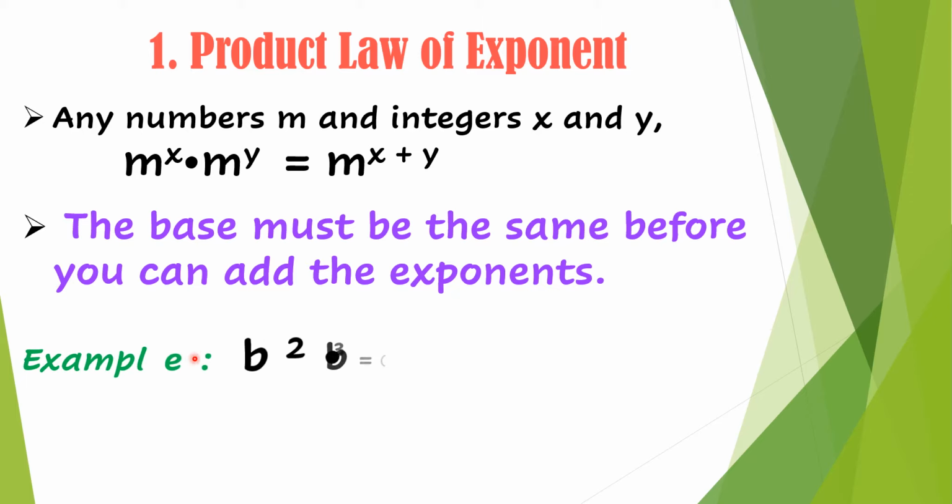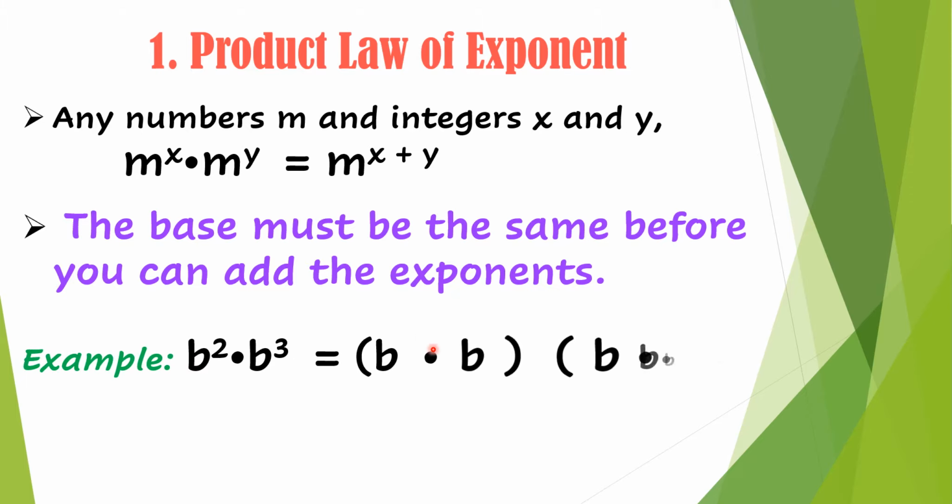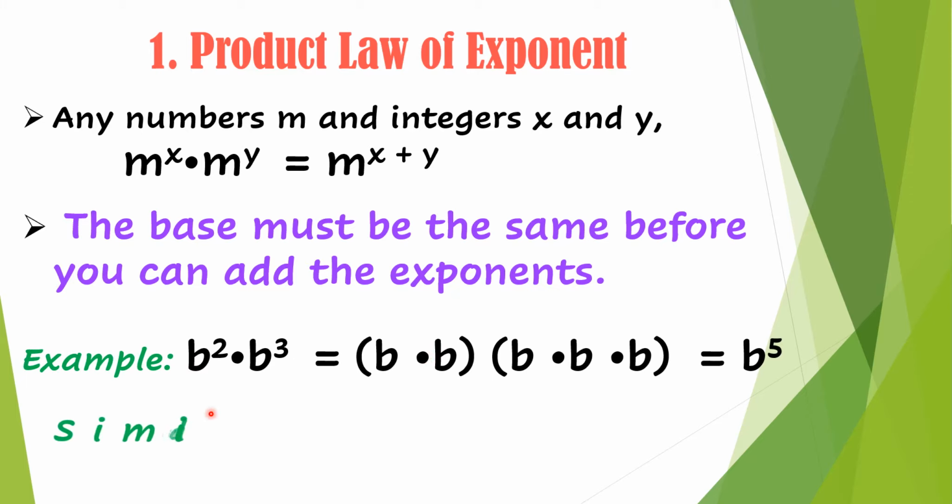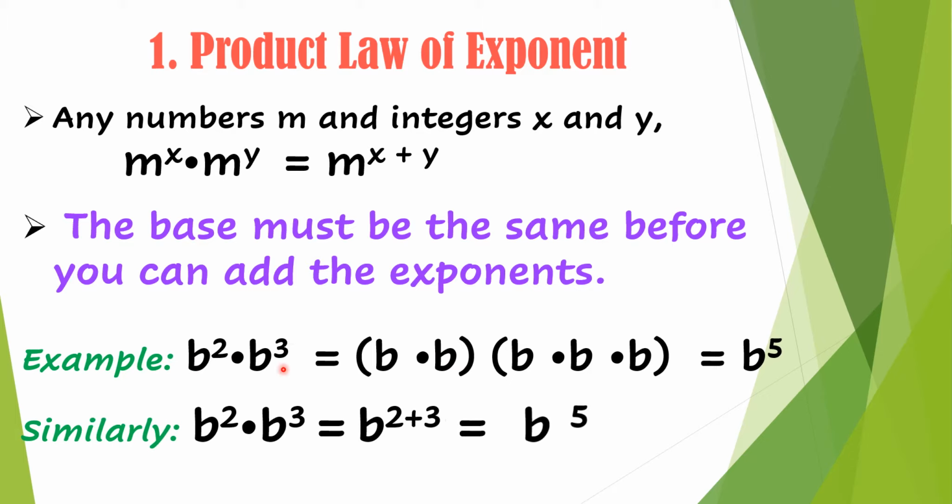Okay, example tayo. Okay, given b raised to 2 times b raised to 3. Okay, mapapansin naman ninyo, pareho yung base nila, b. So, anong gagawin natin? Pwedeng, ang solution natin is expand muna natin. B squared is b times b.